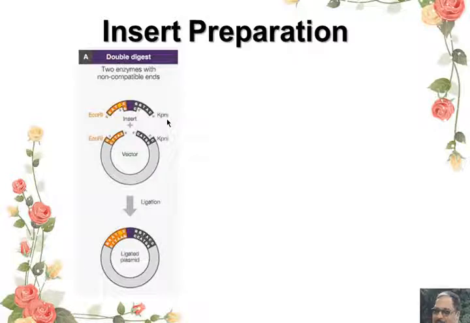Here we have used KpnI. So KpnI cuts the palindromic sequence GGTACC. So this KpnI is used in the insert also at this end and the vector also at this end. Because of such complementary pairing, the orientation of the gene of interest is maintained and it is inserted here, and you get a ligated plasmid. So this is one technique.